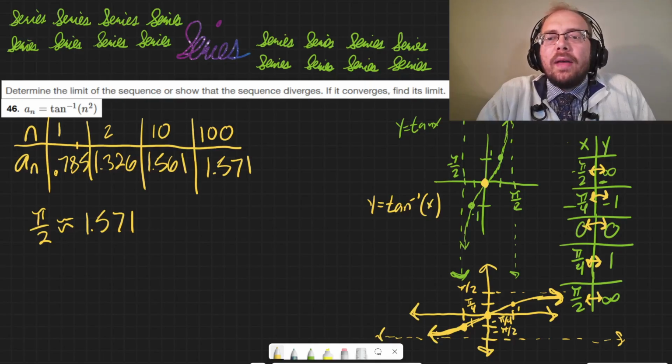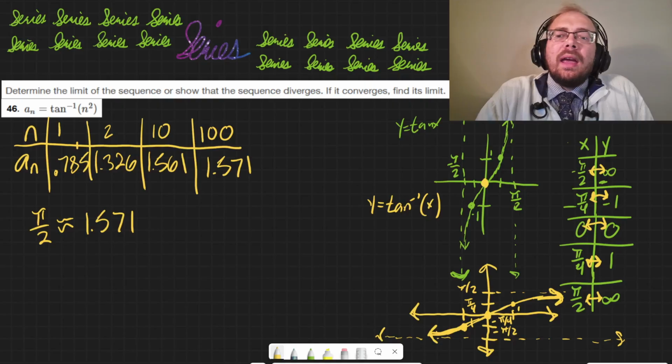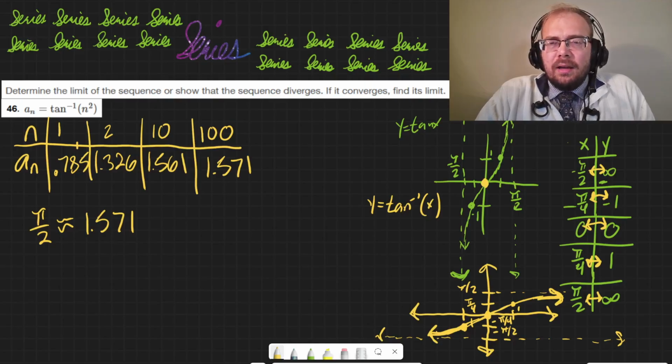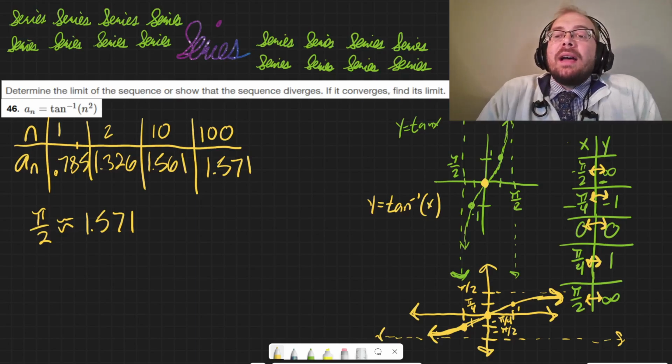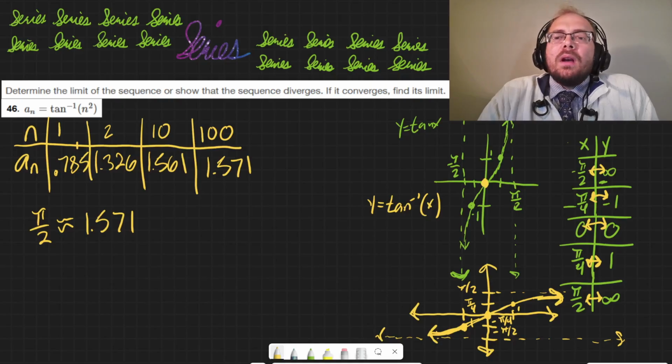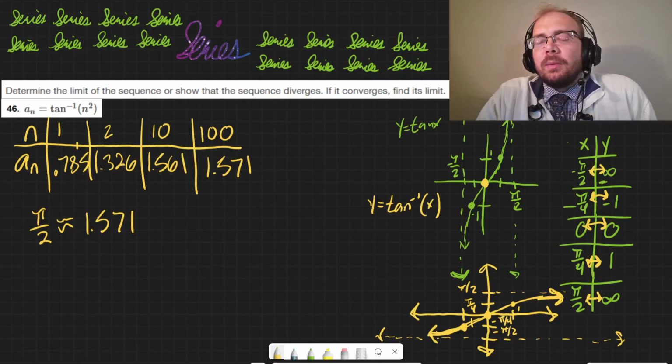Because we know that the graph has a horizontal asymptote at negative pi halves and pi halves, and that it's approaching that horizontal asymptote for the tangent inverse of u on a graph. Excuse me. It would be approaching that horizontal asymptote as it goes to positive infinity, which is what our sequence is going towards. So that answer would be infinity, but then if you're plugging it back in, like u is equal to n squared, then it would still be infinity. It's like, oh, infinity squared is still infinity.